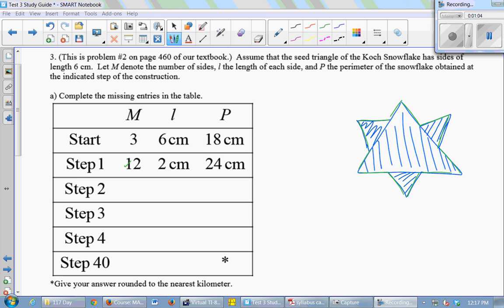So that's where that 12 comes from. Each side is 2 centimeters because my original sides were 6 and I broke them into 1, 2, 3 equal pieces, which means each of them has to be 2 now. And then if I have 12 sides, each one's 2 centimeters, my perimeter is 12 times 2 or 24 centimeters.